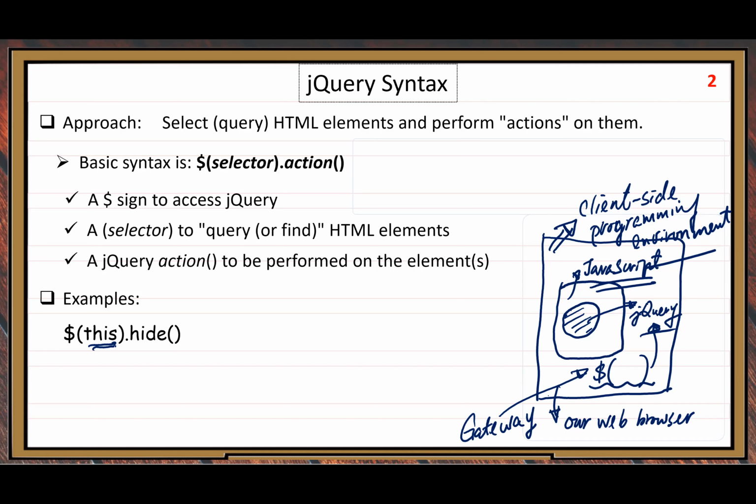So dollar this dot hide function, the action, hides the whole selected element. It becomes invisible when you click that element. It disappears. That's the meaning of the statement.